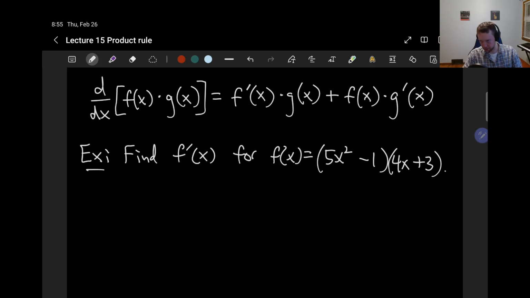Now, it is true that we could technically just multiply that out, and then we would get a polynomial, and then we could take the derivative of that normally. But we do want to learn product rule because we will encounter functions that will not be like this. So we do need to learn the rule. Best to practice it now.